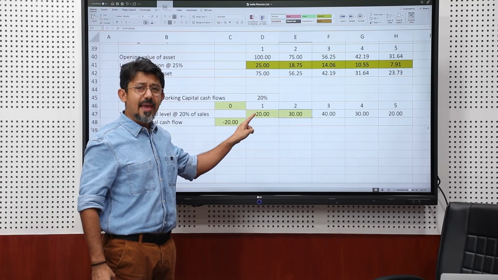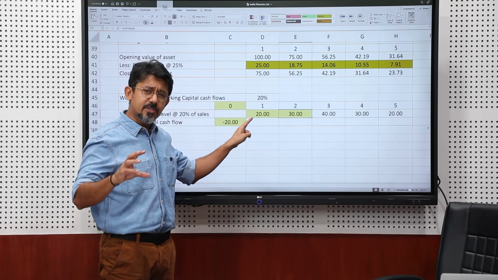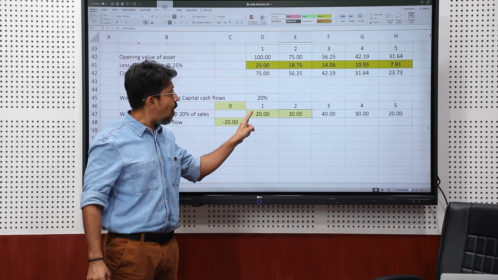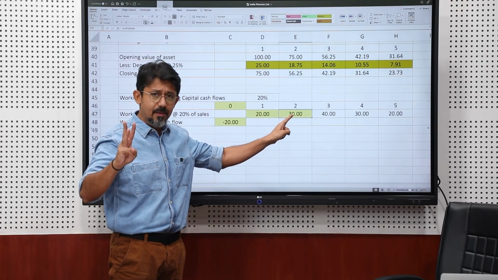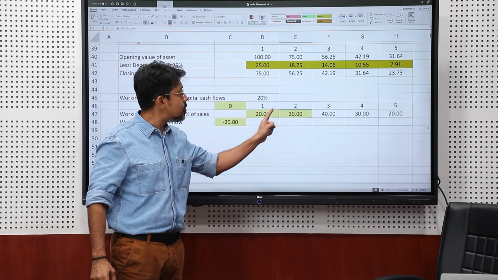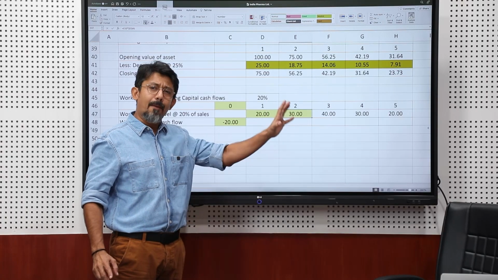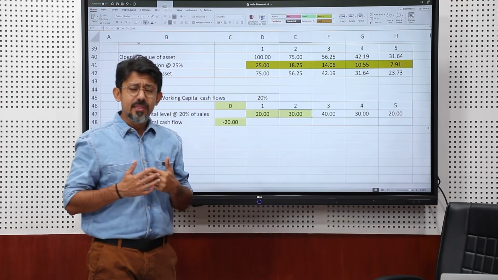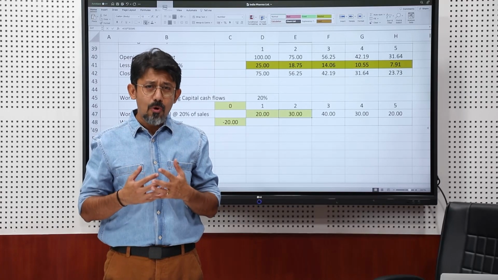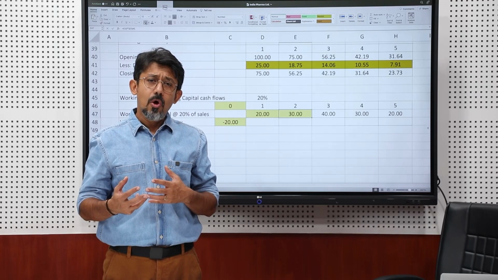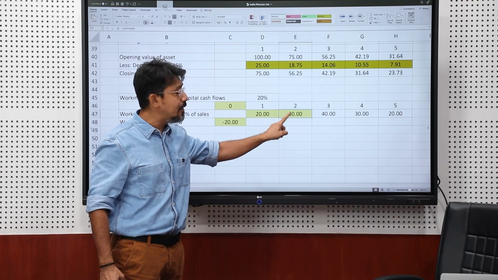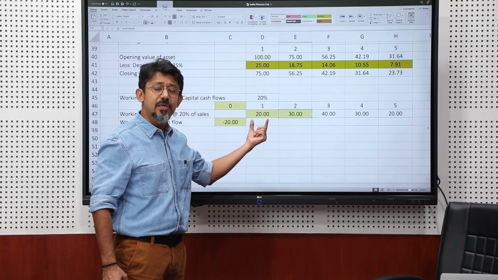The level of working capital, which is current assets minus current liabilities, at the end of year 1 in my business is 20 million. If I want the level of working capital to go to 30 million, I will have to invest something at the end of year 1, so that at the end of year 2, it goes up to 30 million. Conceptually, the question is, do I bring in an entirely new amount of 30 million, or do I bring in only an incremental amount from 20 to 30, that is an additional 10 million.